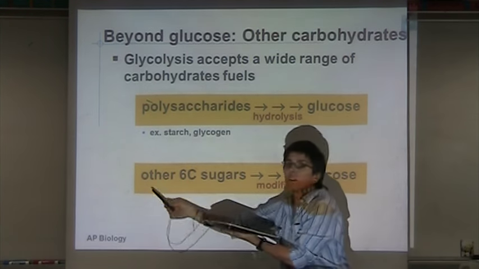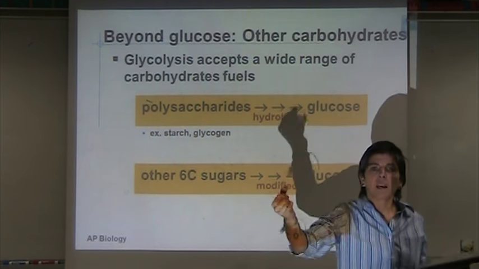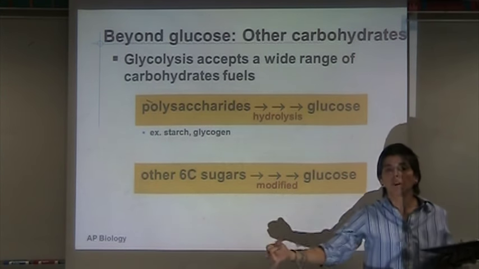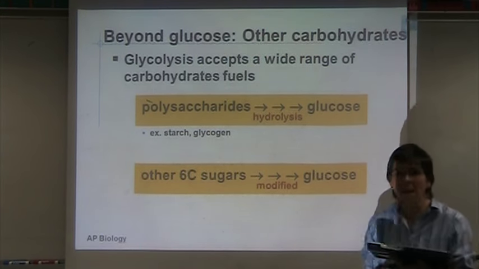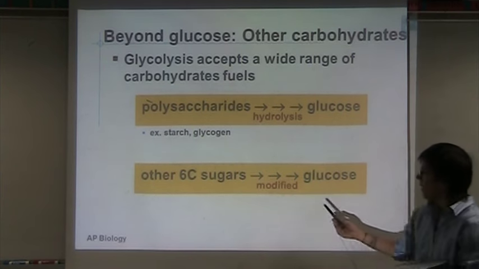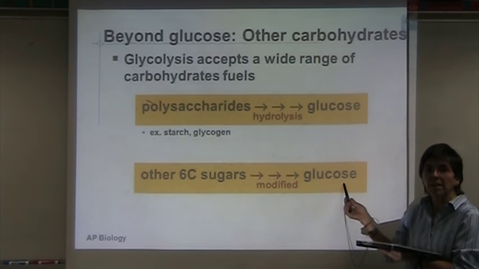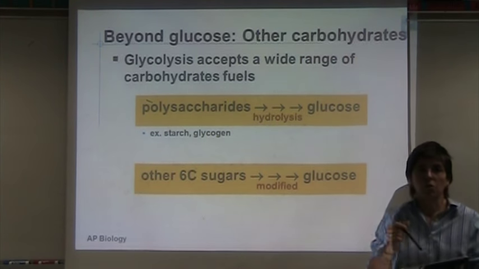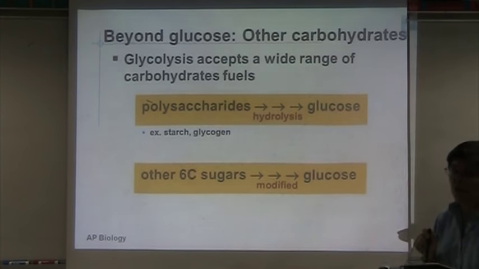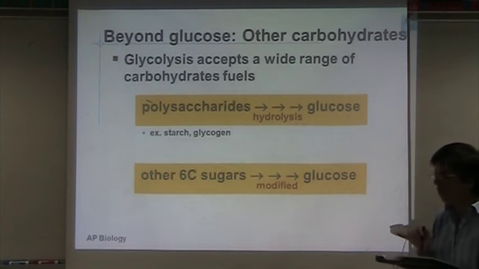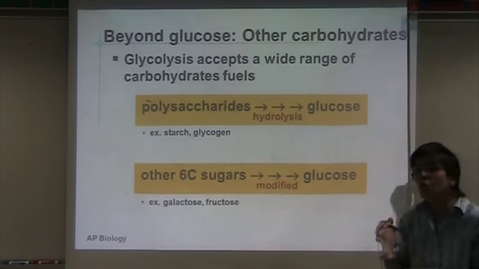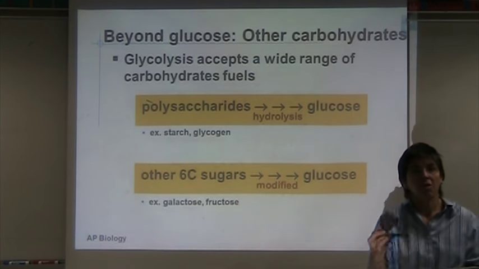If you have any other sugars that you have consumed, galactose from milk, fructose from fruits, any other type of sugar, somehow they're going to be ultimately always modified into glucose to feed glucose to the glycolysis. So they are all modified inside your cells. You have the enzymes inside your cells to do this.